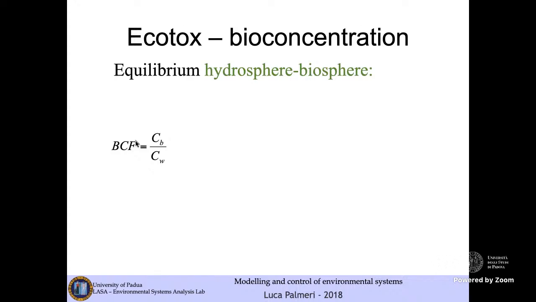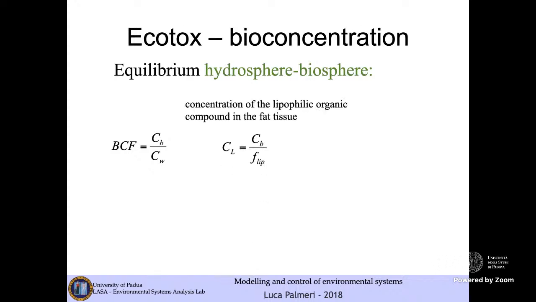I recall to you that we had already seen some allometric relationships describing, for example, the bioconcentration factor for some toxicants when we were discussing calibration. So we introduce this model by saying that the bioconcentration factor may be expressed as the ratio between concentration in the biota divided by the concentration in water.